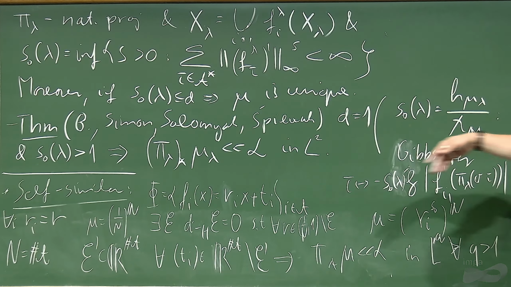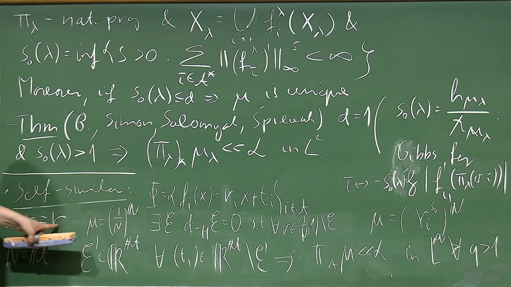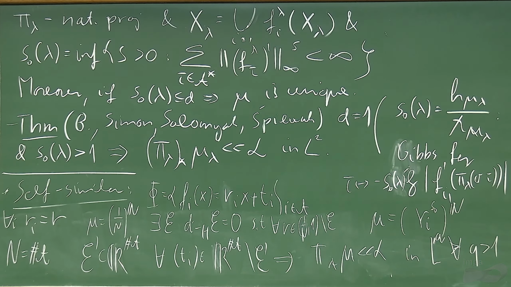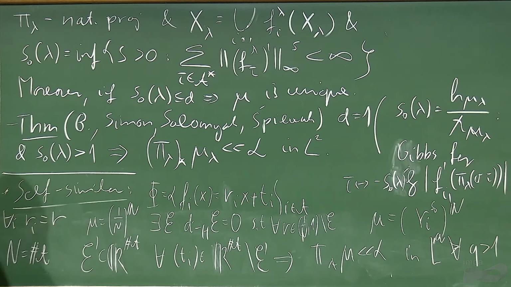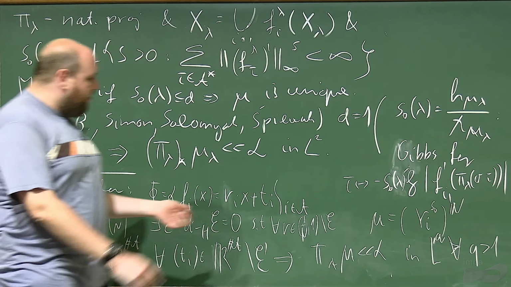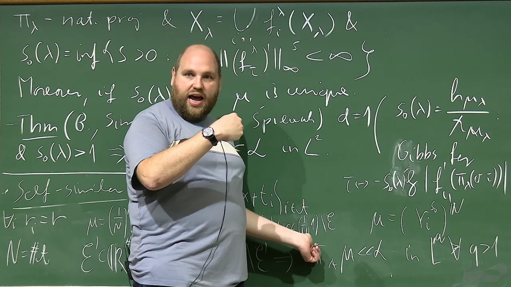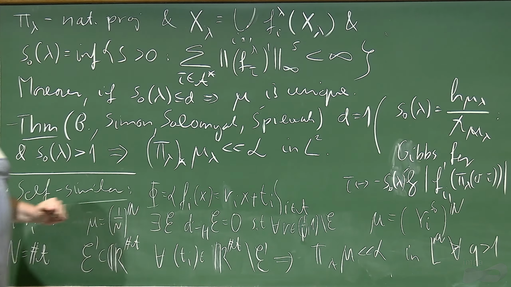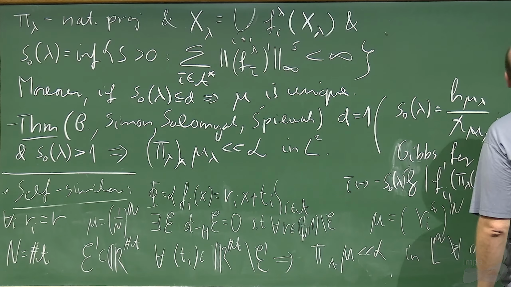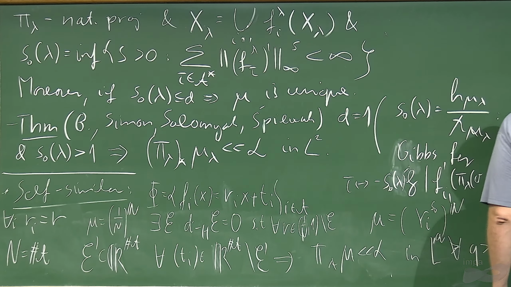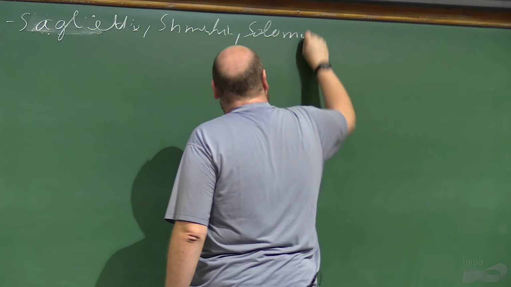So what you need to do is choose the contracting ratio typically, and also then choose the translation parameters typically. Then you end up in the regime where you expect that the dimension is strictly greater than 1, absolute continuity with density for every Q. This is the result by Shmerkin, Saglietti, Shmerkin, and Solomyak.